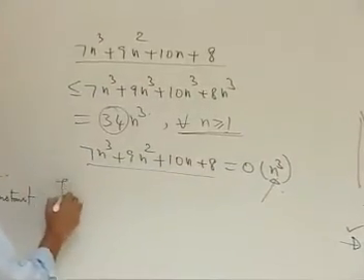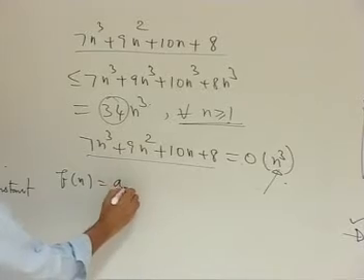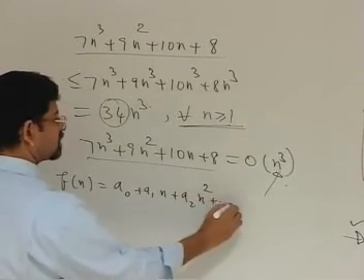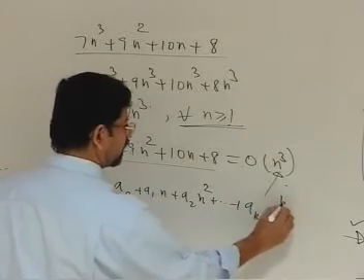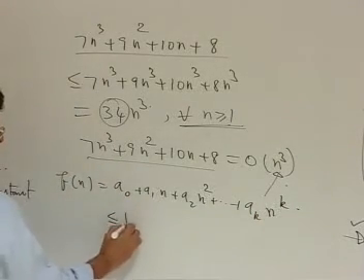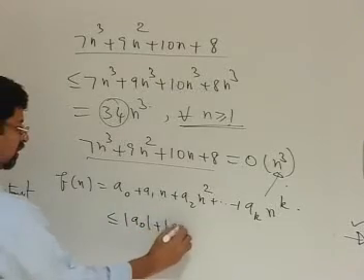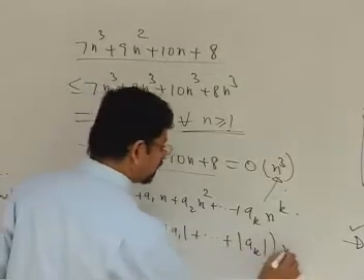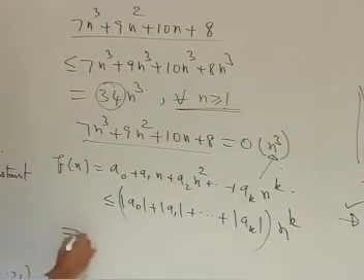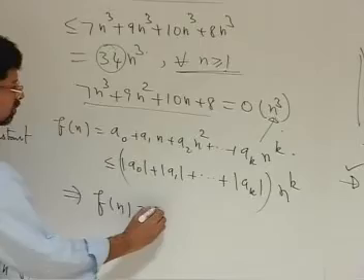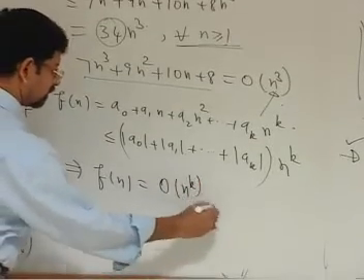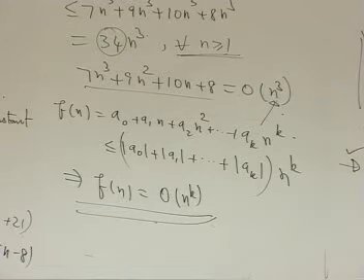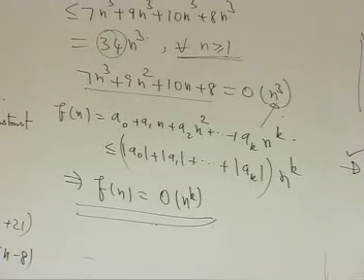In general, if f of n equal to a0 plus a1n plus a2n square plus ak n power k, we can write this less than or equal to mod a0, mod a1, up to mod ak times n power k, implying that f of n equal to order n power k. We can write like this, f of n equal to order n power k.